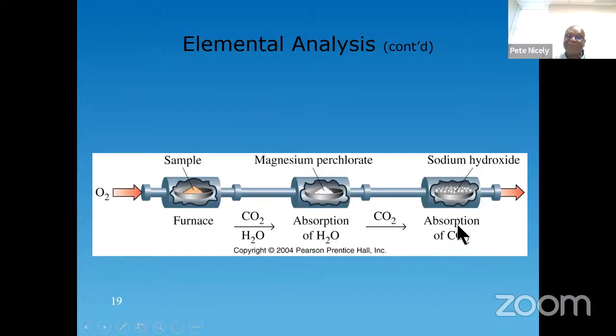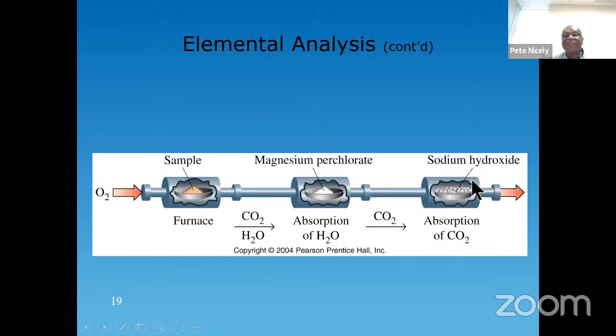And what happens here, of course, is that the sodium hydroxide will absorb the carbon dioxide, all right? What you're going to do next is weigh to determine the increase in mass of both the magnesium perchlorate and the sodium hydroxide. The increase in mass of the magnesium perchlorate will give you the mass of the water that is absorbed by it.